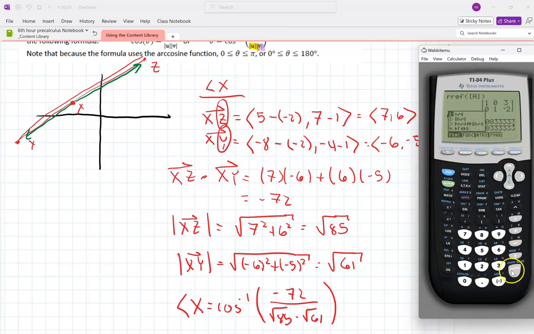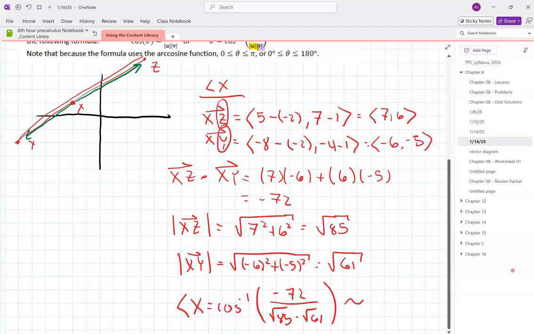I'm going to use the fraction command to make a fraction on my calculator because I have a multiplication going on down there, although I could just write it as square root 85 times 61. So I get 179.2, which is kind of what it looked like in my picture. It looked like almost a straight line, so I'm pretty relieved at that.